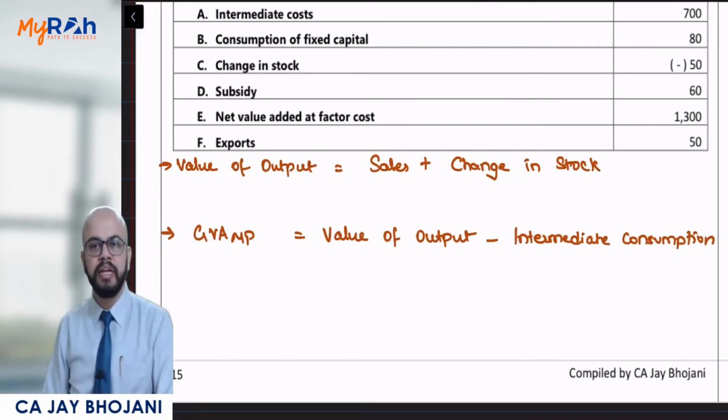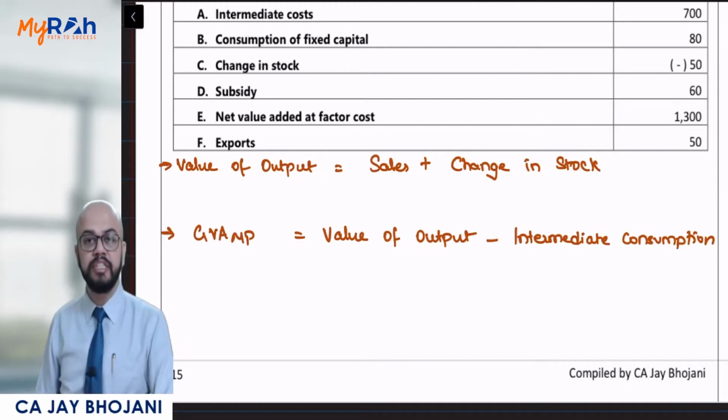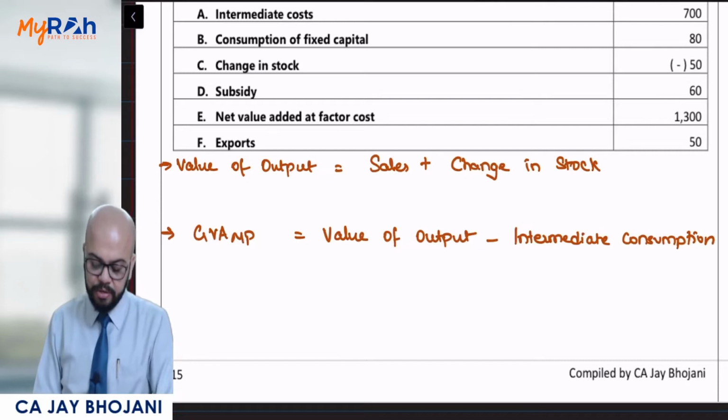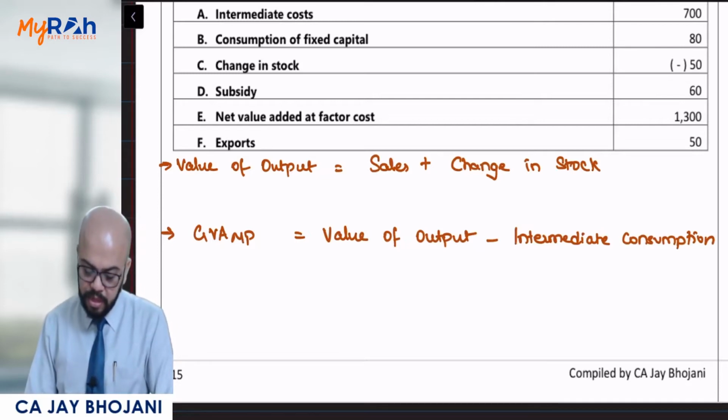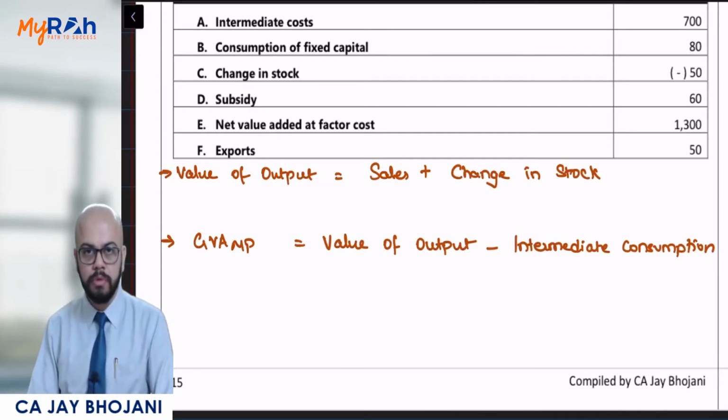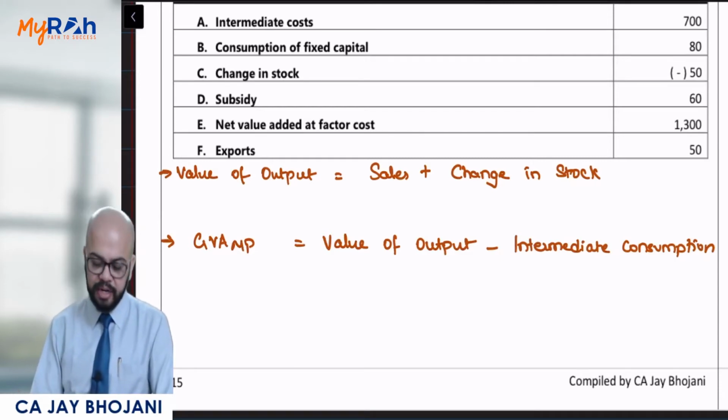Value of output minus intermediate consumption will give me GVA MP. Let's see if we have any data available here. I don't have GVA MP yet. I have intermediate costs though. Okay, so once again, it doesn't seem like I will be able to use GVA MP directly.